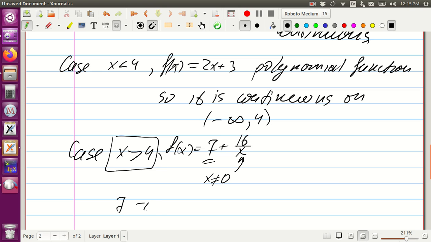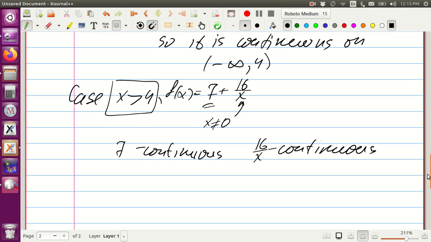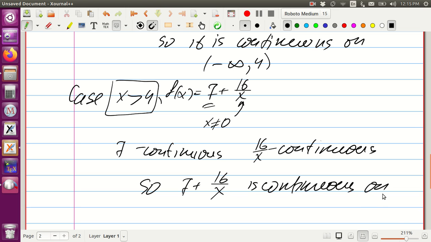So 7 is continuous. 16 over x is continuous. And we have the theorem that says the sum of two continuous functions is continuous. So 7 plus 16 over x is continuous on x greater than 4.